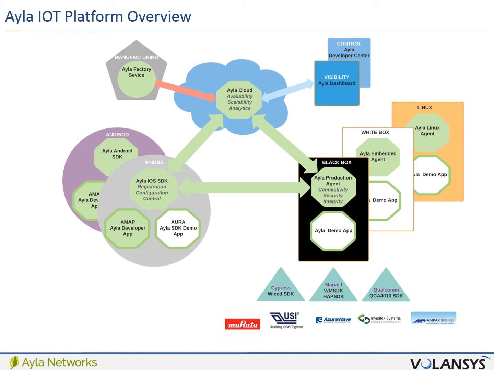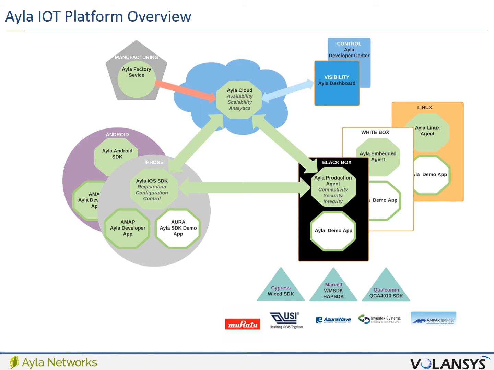The connectivity module, which is the transport component, interacts with the customer's application and sends the data to the cloud. The cloud, which acts as the service in this case, and the mobile applications for the end users.